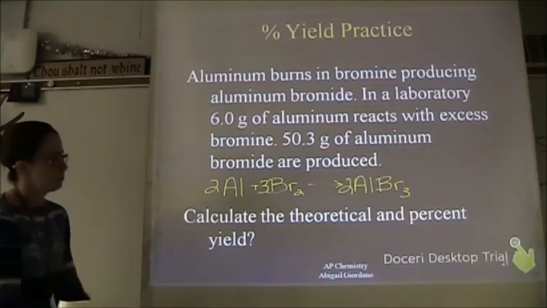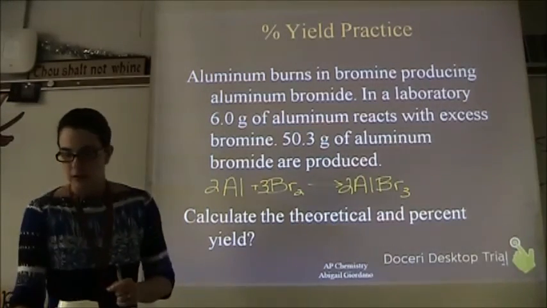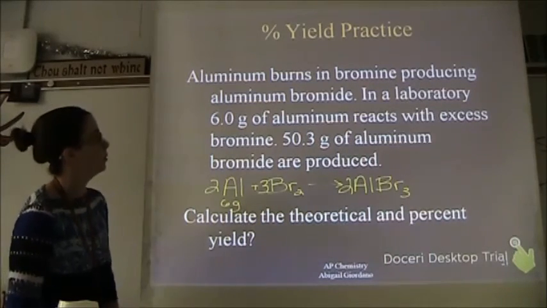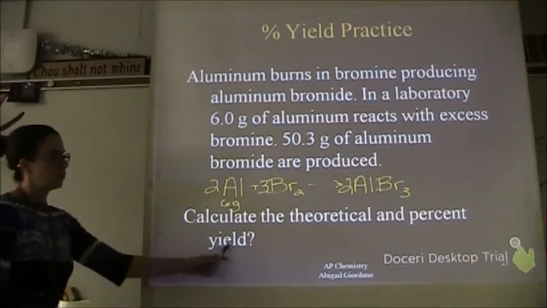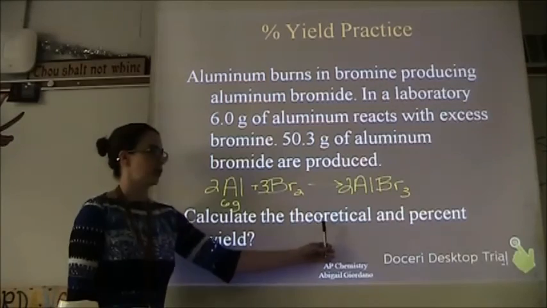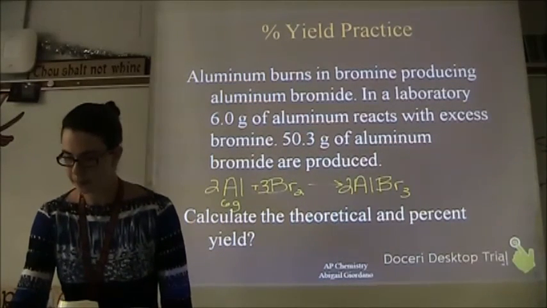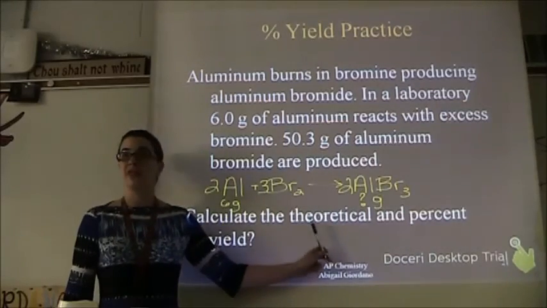Okay. All right, we're given 6 grams of aluminum, and remember, let's start here. Theoretical yield means grams of product. As I said, you're never going to be given the theoretical yield.